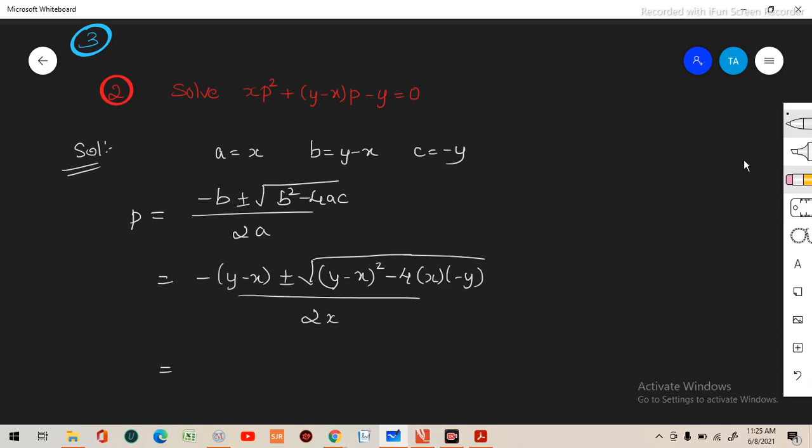Okay, this is the substitution part we have done. When we take the minus sign inside, we get x minus y plus or minus square root of (y minus x) squared. I can expand this as y squared plus x squared minus 2xy. Here I have minus of minus, plus 4xy, whole divided by 2x.